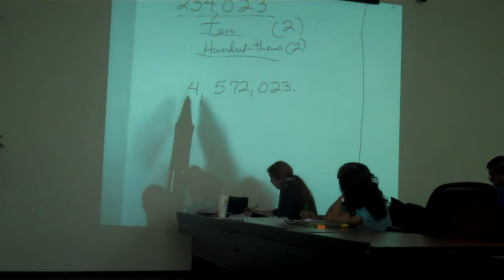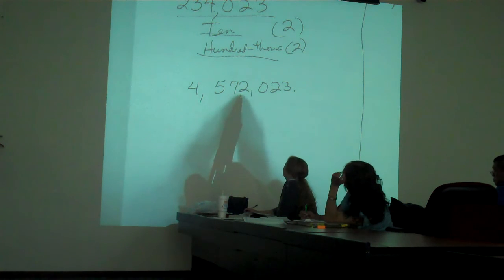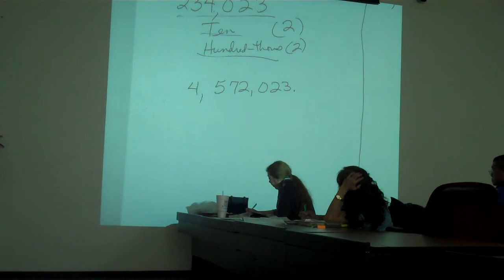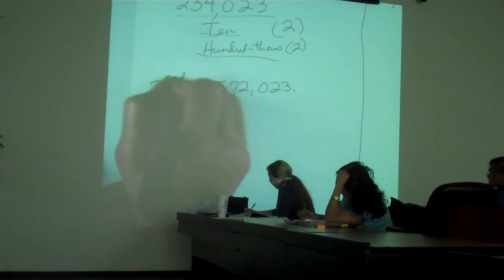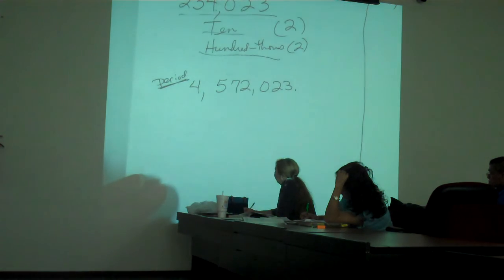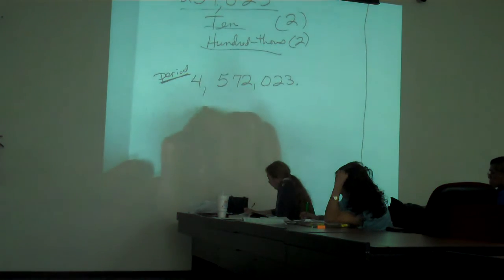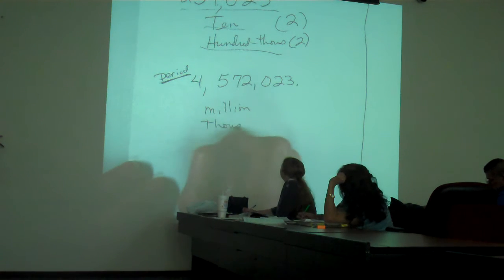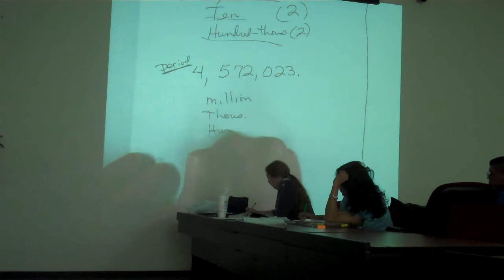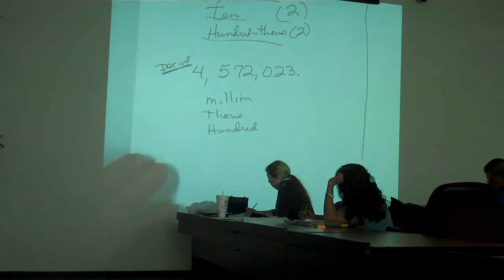Okay, this number, 4,572,572,023. If it wants the numbers for the period, for the millions and the thousands and the hundreds, what it's asking for is all the numbers in that period.